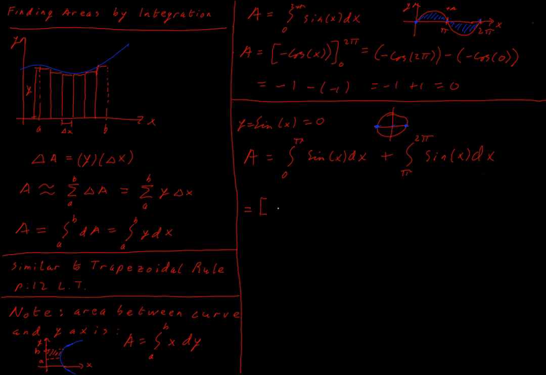We're going to have sine goes to minus cosine of x from 0 to pi, the integral of both. Sorry, pi to 2 pi. So I've broken up my positive and negative parts, and now I'm going to integrate them separately and add up my positive answers.